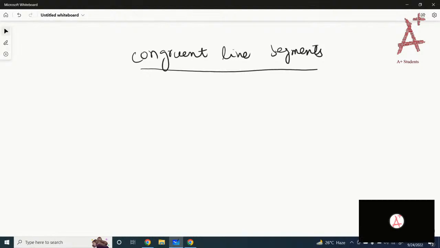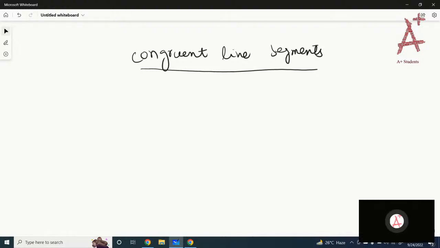Okay, so the first question is, let me write it down on the board. Make sure you have a pencil and a notebook. Okay, so first of all, you are going to learn what congruent lines are.